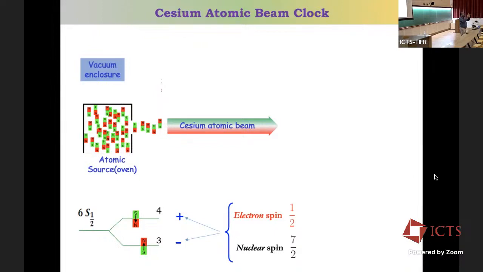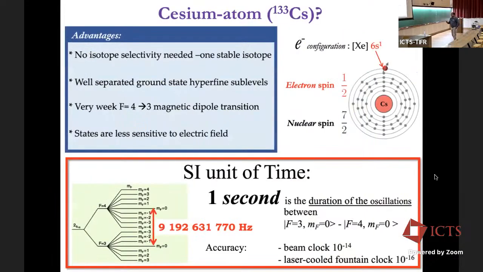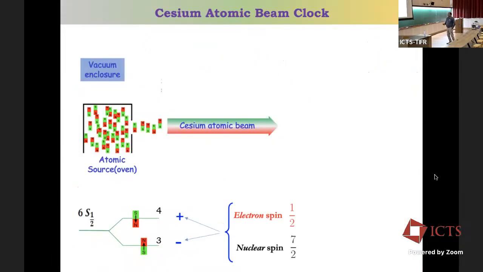Due to the relative direction of nuclear spin and electron spin, you can consider them as two different magnets. In one case the electron spin is parallel to the nuclear spin, and in the other case the electron spin is opposite to the nuclear spin. That's what these two little magnets are showing. So we can imagine them as two different magnets oriented oppositely in two different states.